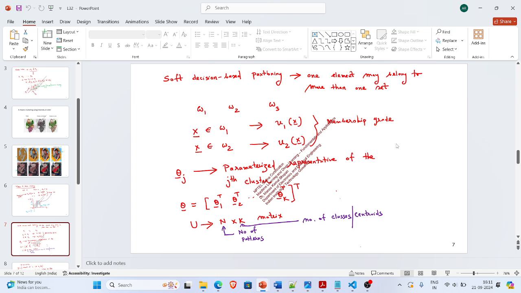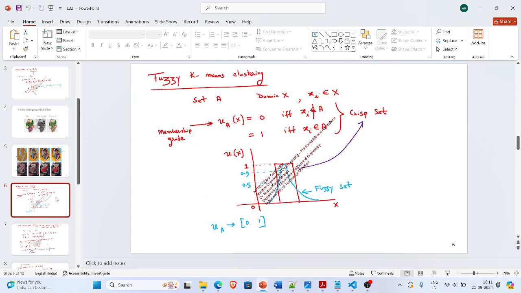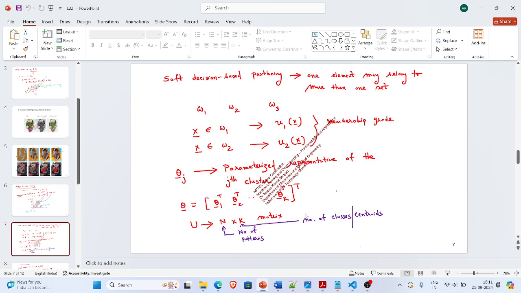For every cluster center, the point has a different membership grade. All should sum up to 1, but none of them is equal to 1. That is how we are defining the problem.